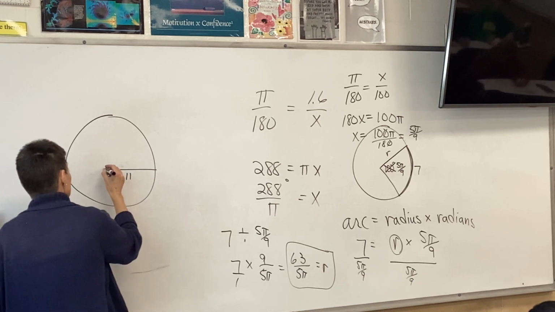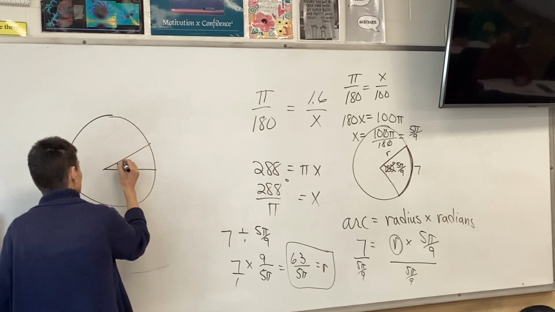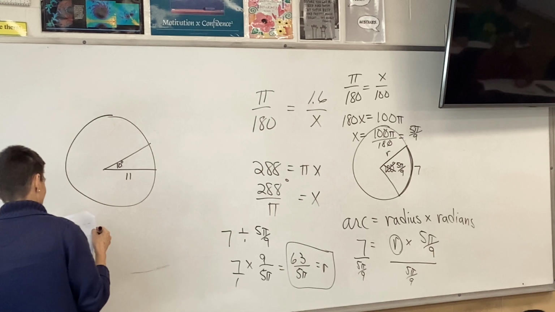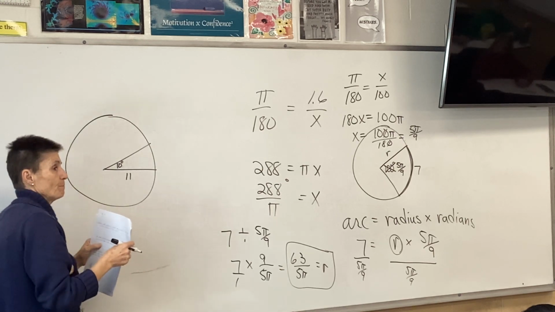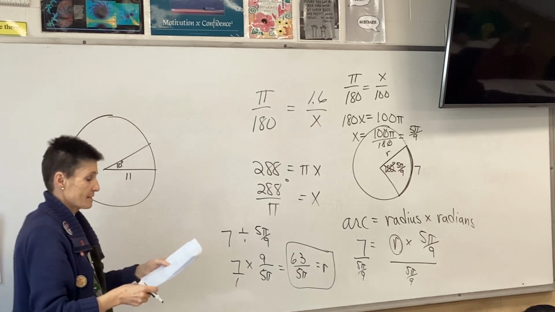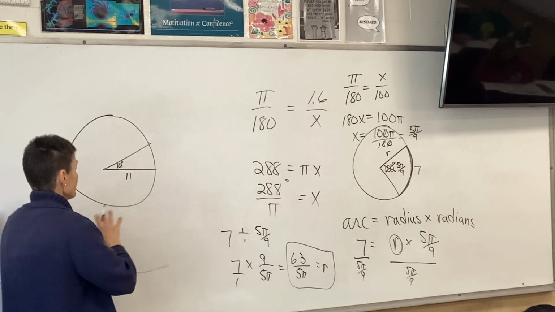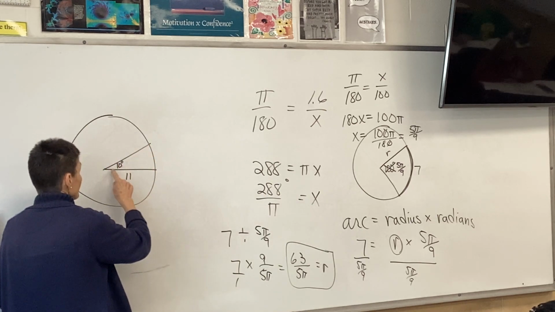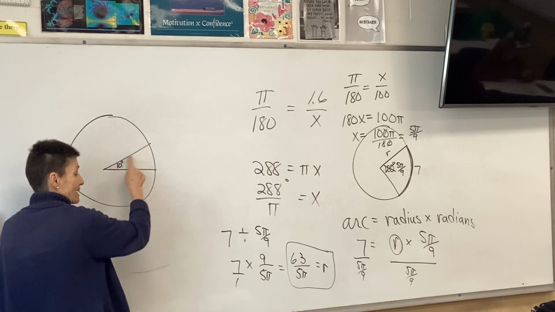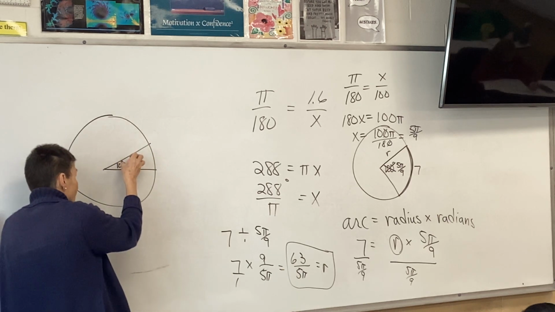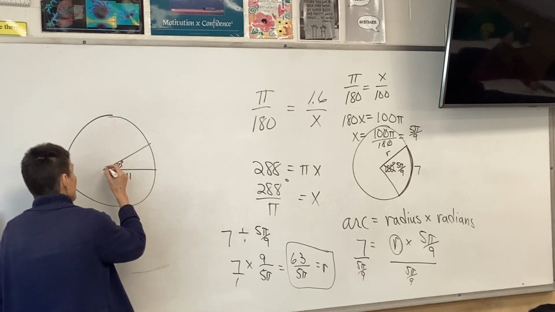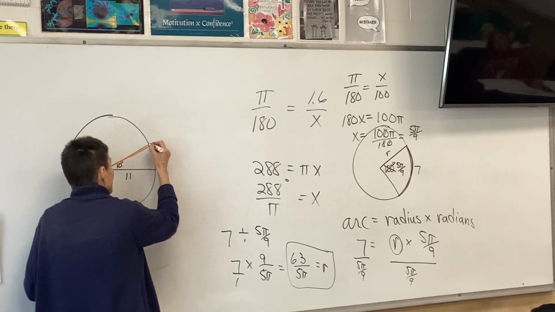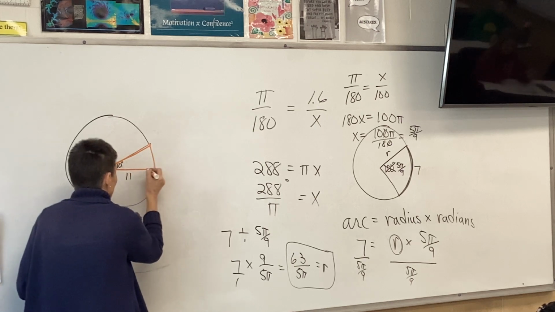And we have a 10-degree sector, and we want to know the perimeter of that sector. Now, vocabulary-wise, a sector is a piece of pie. So we're talking about this piece of pie right here, and your job is to find the perimeter of it.